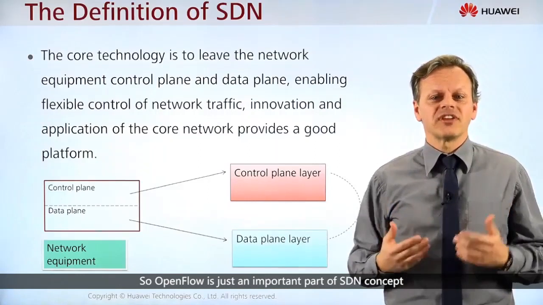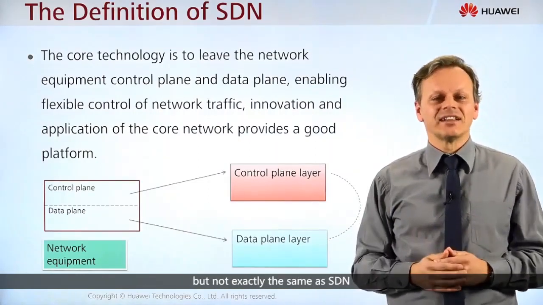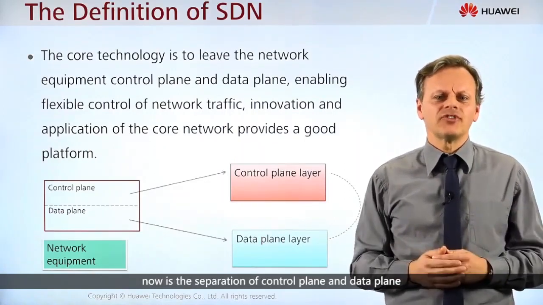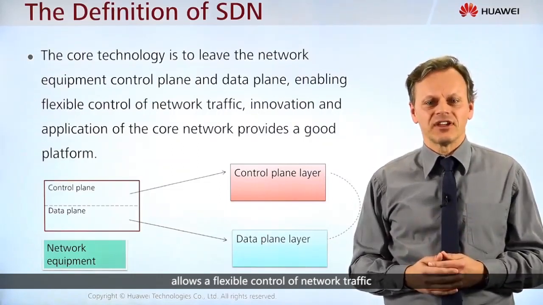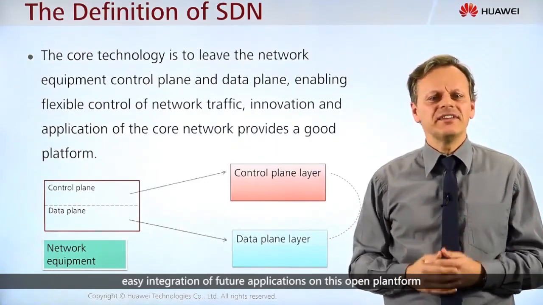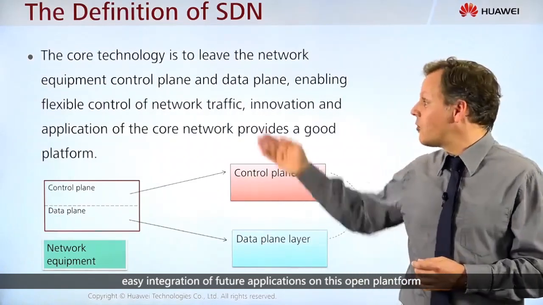So OpenFlow is just an important part of the SDN concept, but not exactly the same as SDN. Now, this separation of control plane and data plane allows a flexible control of network traffic. It allows higher innovation speed and an easier integration of future applications on this open platform.